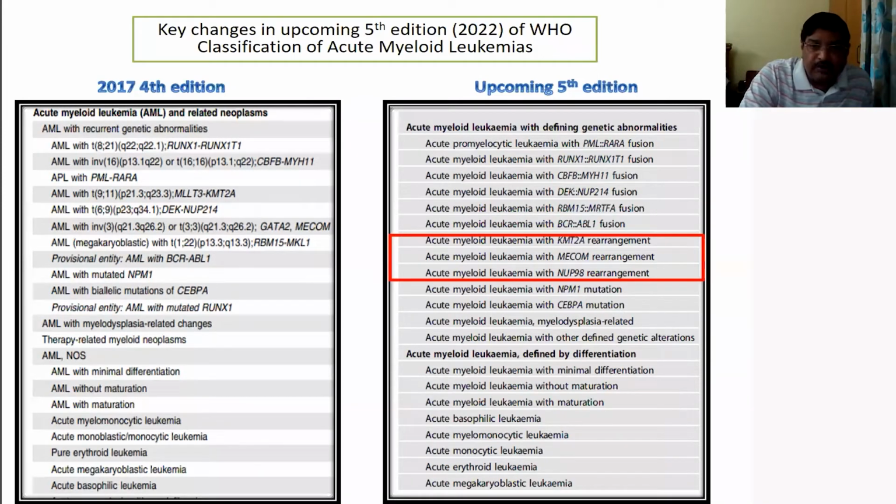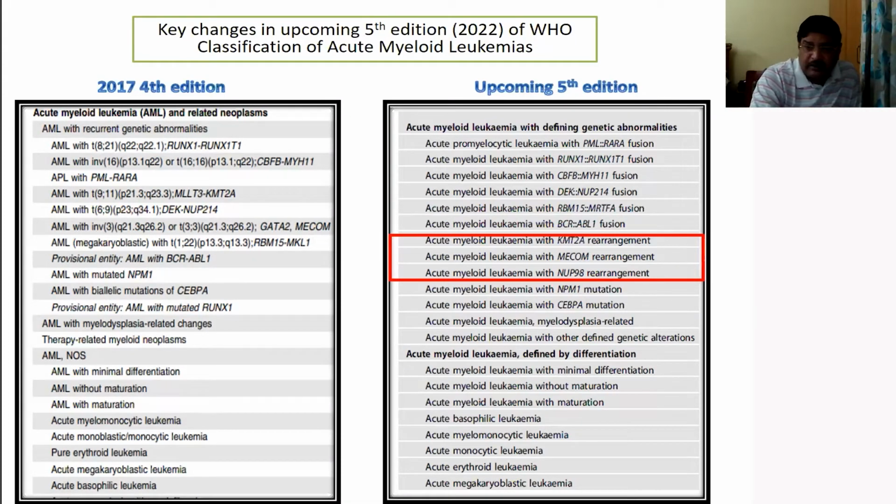Next. So when you talk about AML, 2022 fifth edition and 2017 fourth edition, you find that the boxes in red are the changes that have happened and all other entities have been retained. Here you have AML with MLL gene, MLL being the previous nomenclature, KMT2A the new nomenclature. So AML with KMT2A rearrangement, AML with MECOM rearrangement, AML with NUP98 rearrangement.